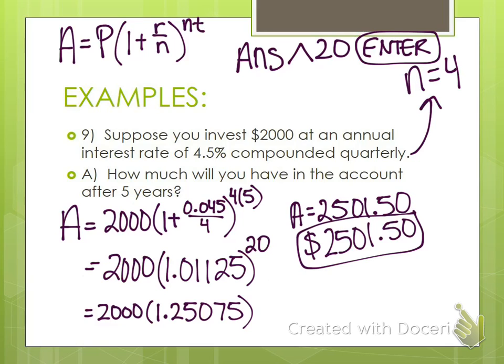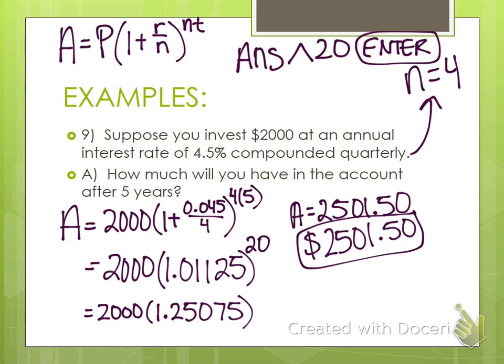Twice. Annually would be once. Trying to think of what the other common words are. Or they might just tell you it's compounded 6 times a year. You won't usually see triannually now, but I suppose it's a possibility.